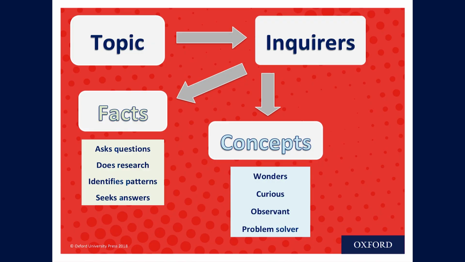So we're going to use our topic of an inquirer. And we're going to start by, okay, so what are some of the facts of being an inquirer? And we already identified some of those. You could ask questions. You could do research. You could see patterns. You're seeking answers. These are the specific things you can do.